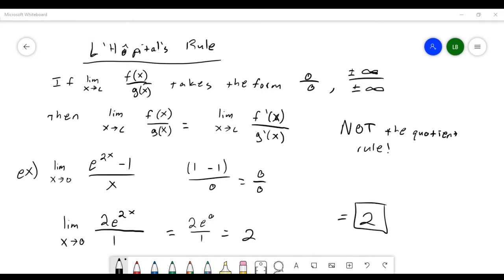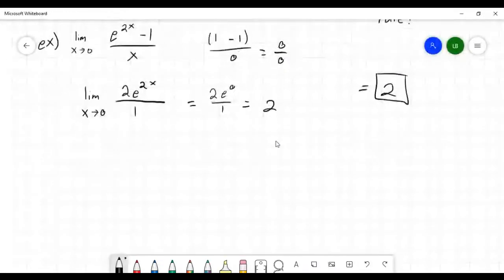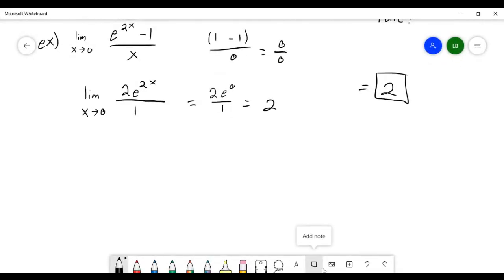Cool, cool. So you have to have indeterminate form 0 over 0 or an infinity over an infinity, because if you have like infinity over 0, L'Hopital's rule does not apply.